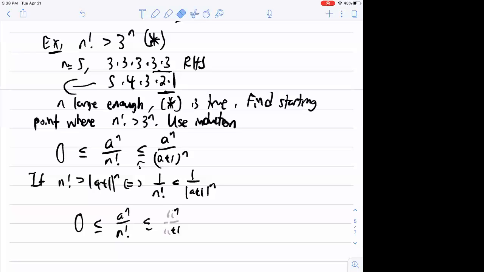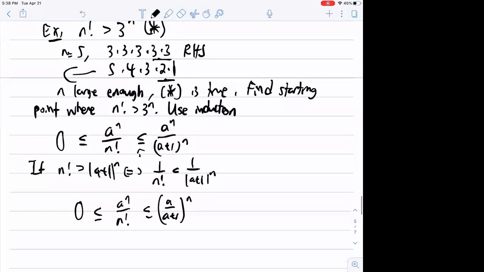So this thing is a over a plus 1 to the n. Now a over a plus 1 is a number between 0 and 1, and if you raise a number between 0 and 1 to a higher power, it gets smaller and smaller. Like 1/2 squared is 1/4, 1/2 cubed is 1/8, 1/2 to the 4th is 1 over 16.